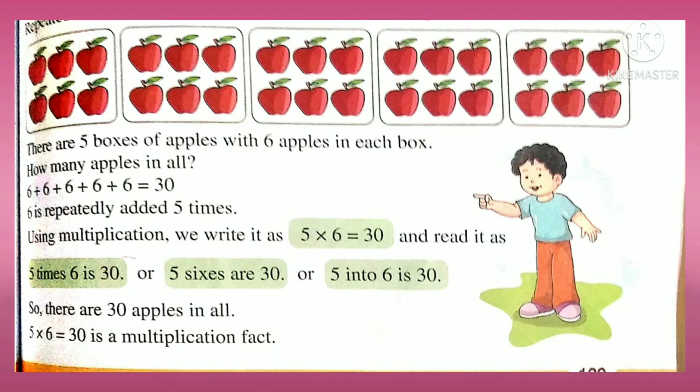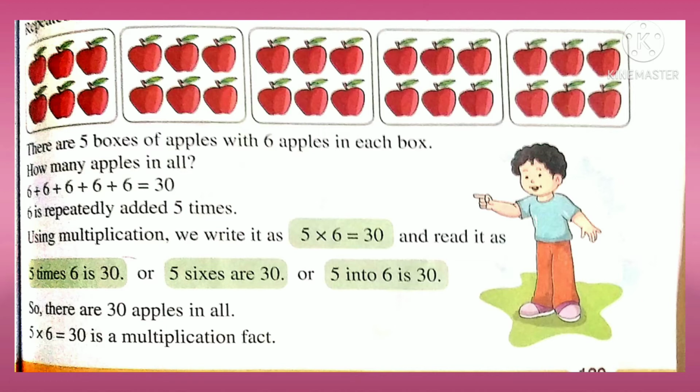Now we will take the next example. There are 5 boxes of apples with 6 apples in each box. That means there are 5 boxes of apples and in each box there are 6 apples.